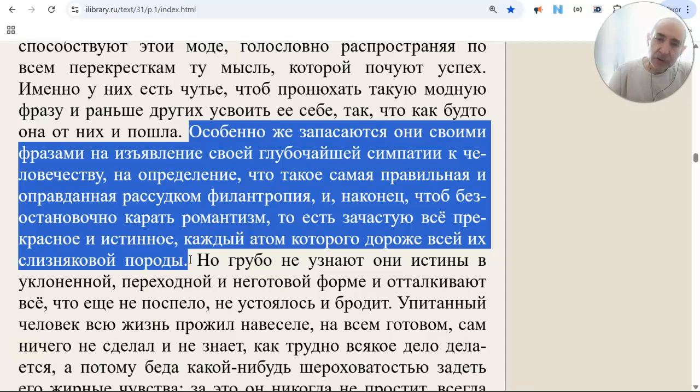For definition, what is the most correct and justified by the mind philanthropy, and finally, in order to incessantly torture romanticism, which means, oftentimes, everything beautiful and genuine, every atom of which is more valuable than all of their slug-like breed. You see? That's classical Russian for you.